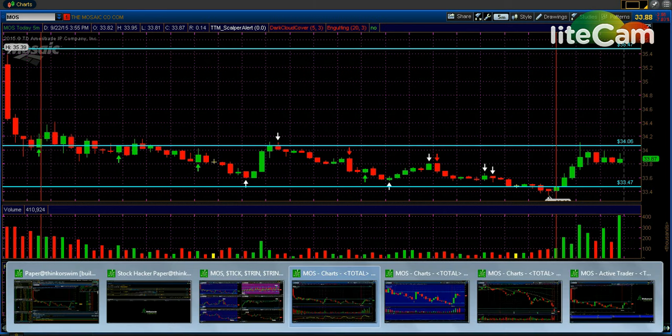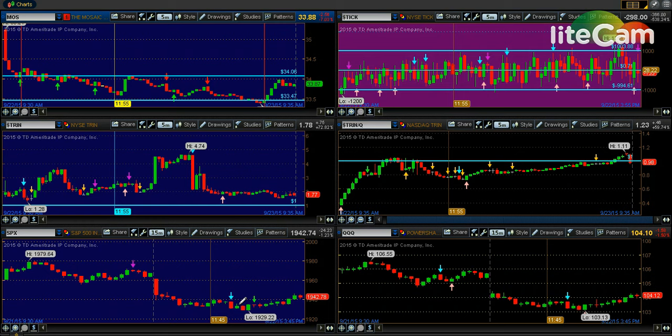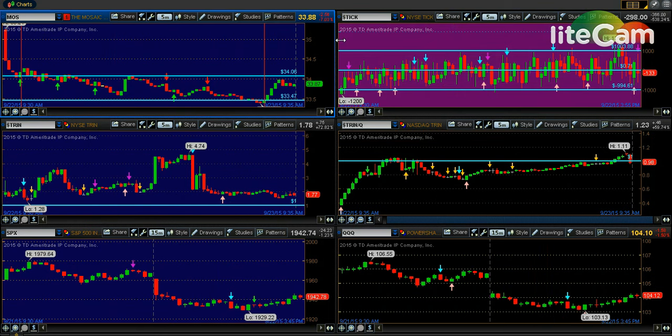Now, if you look at this screen over here, which is my breadth indicator. Well, actually, there are breadth indicators here. I've got dollar tick, I've got dollar trend, and dollar trend Q here. The market wasn't doing good today, and I can see that on my breadth indicator that it started low here.